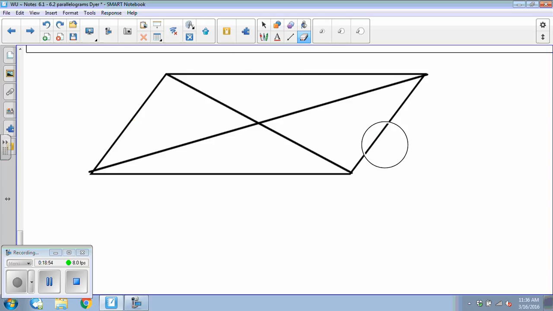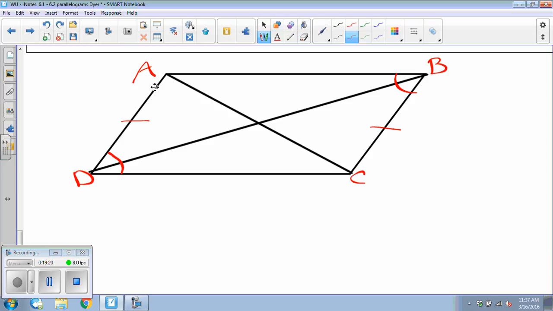Y'all paying attention? Hold on. You're looking at the rules and you still got the wrong answer. Let me name this. What other information will be needed to show that it's a parallelogram?